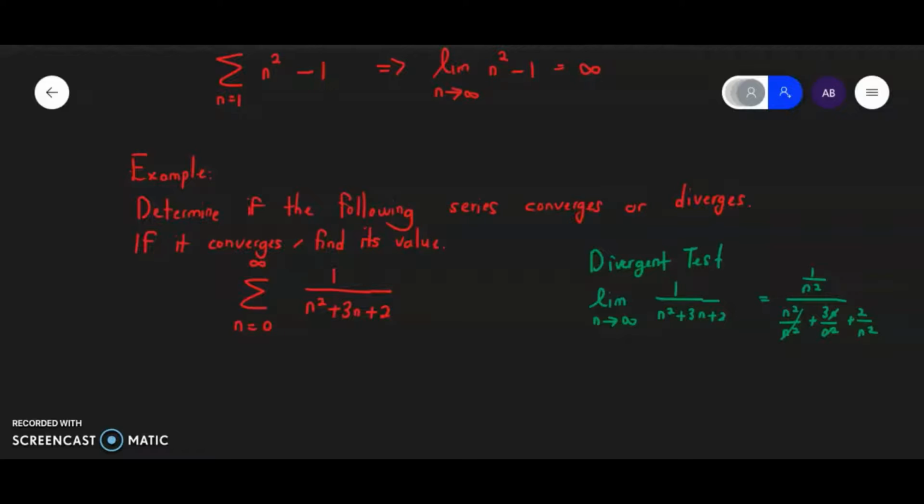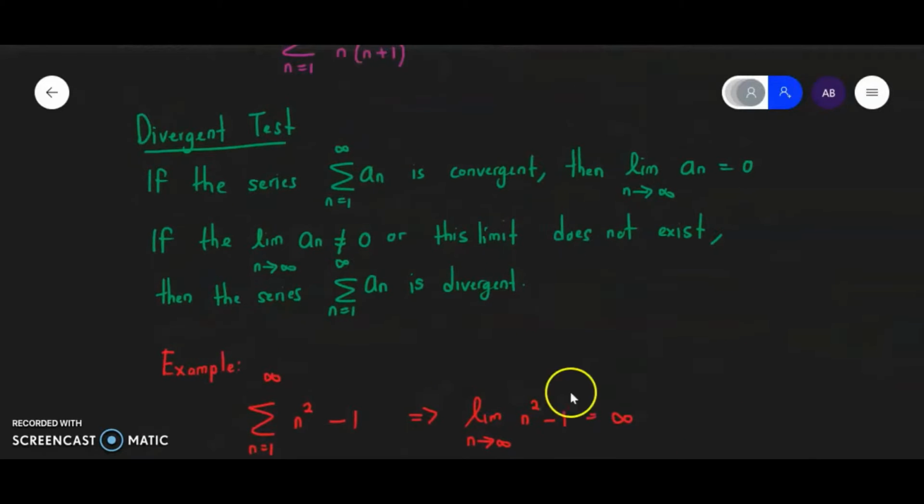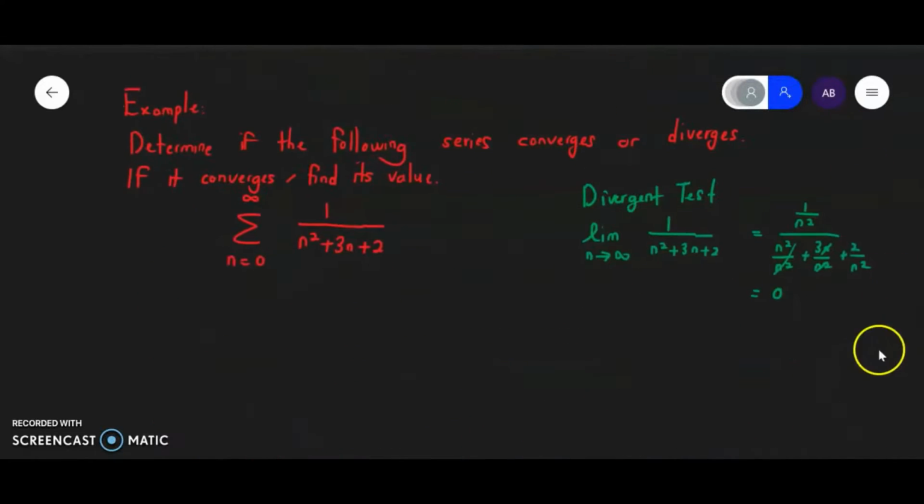As n approaches infinity, 1 over infinity approaches 0, so these terms approach 0. By the divergence test, if the series an is convergent, then it must give you 0, right? That means by the quick divergent test, we know the series converges.